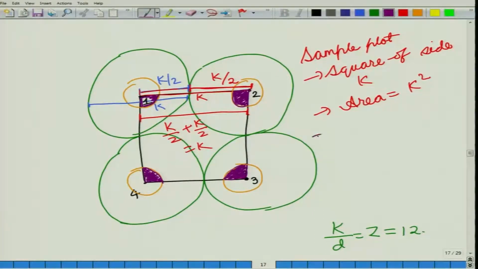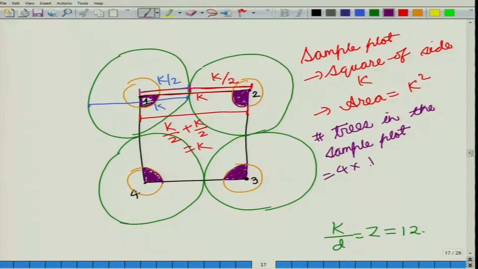So the number of trees in the sample plot is 4 into a quarter tree, which is equal to 1 tree. So now in this area of k square we have 1 tree. Now how much is the basal area of that 1 tree?